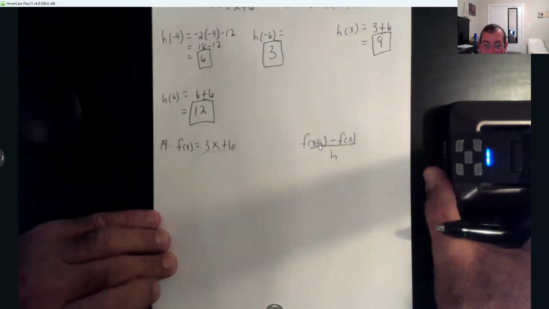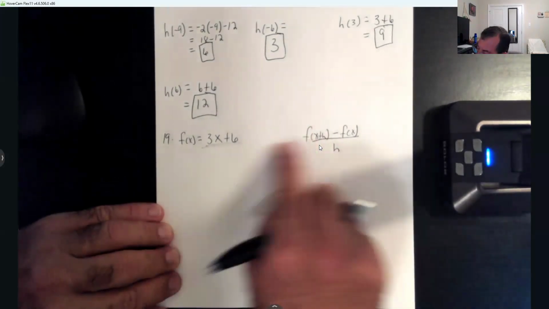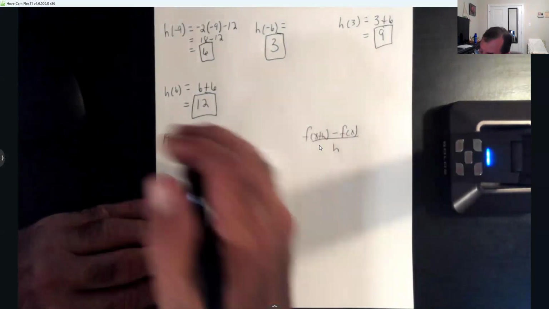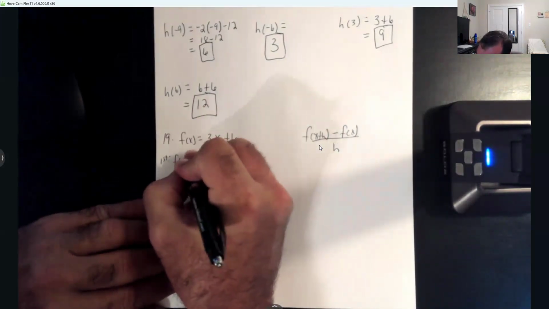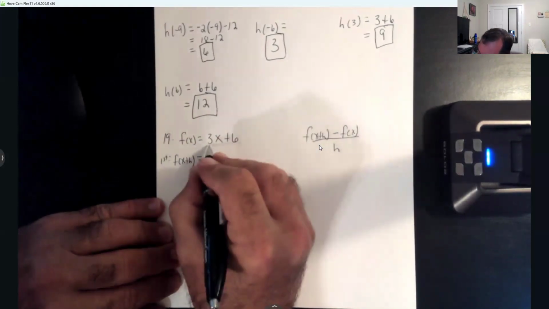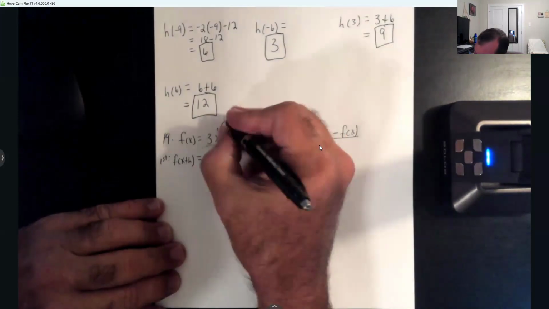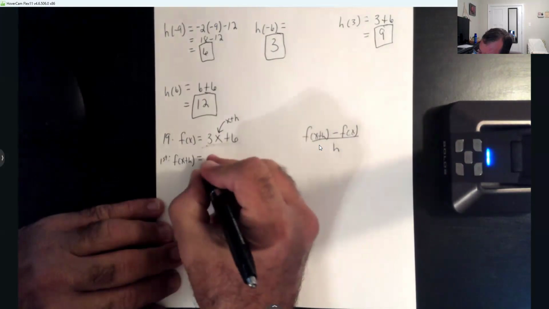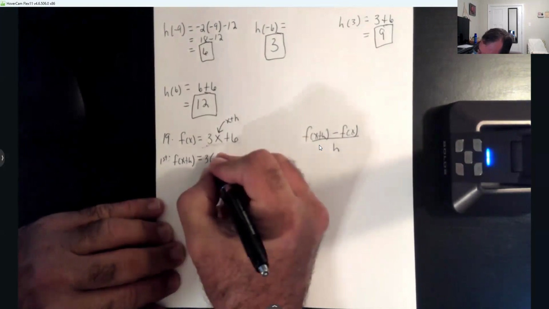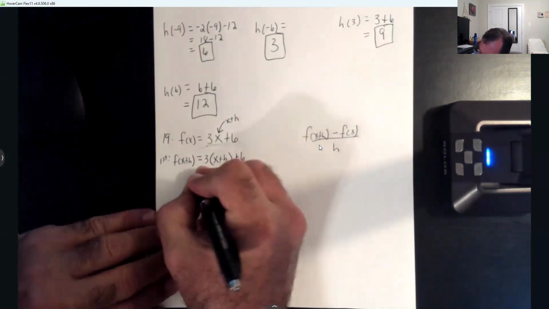But we're not worried about that. We're going to knock it out with this formula right here. So the first thing I got to find, f of x plus h. That equals this function, and I'm going to put an x plus h in for that x.